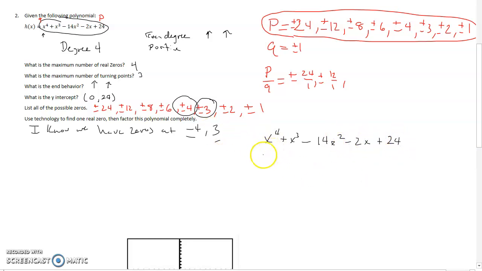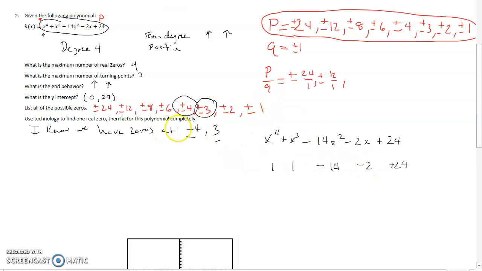So we're going to put our coefficients here: 1x to the fourth, 1x cubed, minus 14x squared, minus 2x, plus 24. Whoops, shouldn't have an x there. It should just be the coefficient. So let's get rid of that x term right there. So it's just minus 2 there.